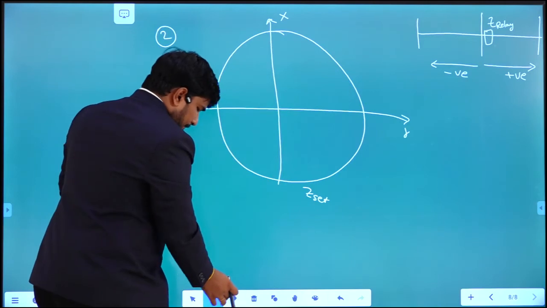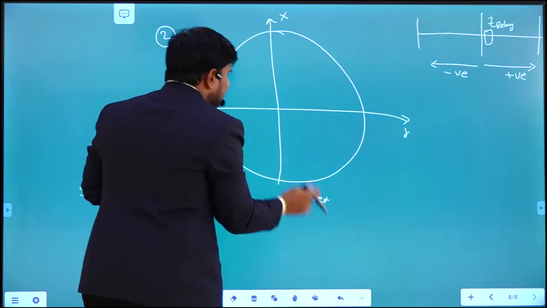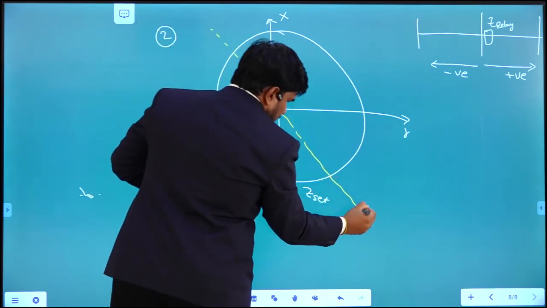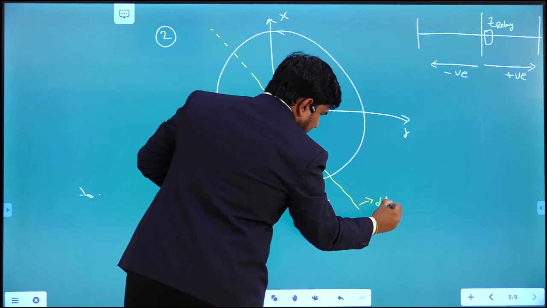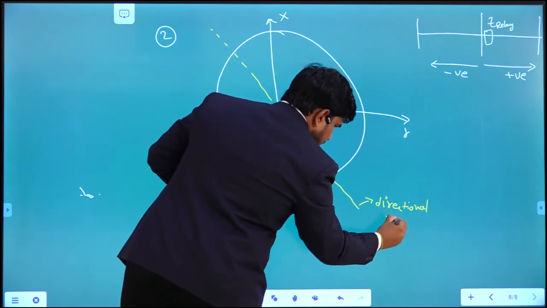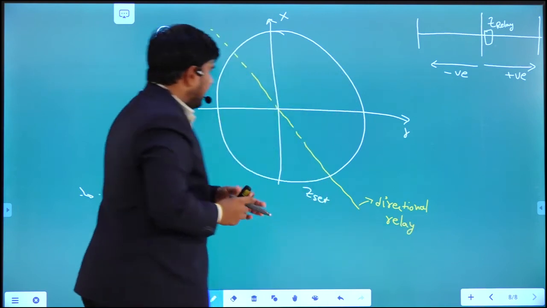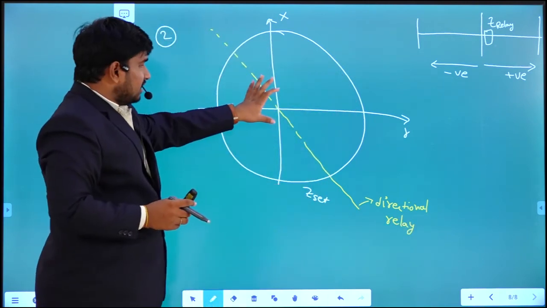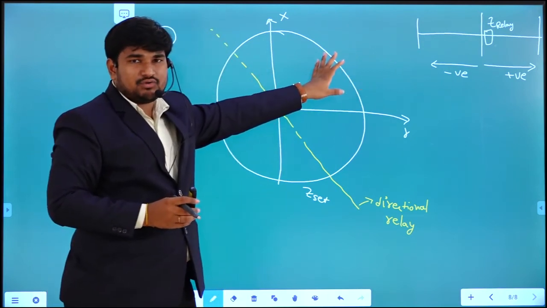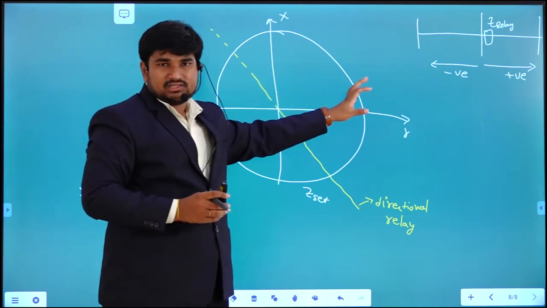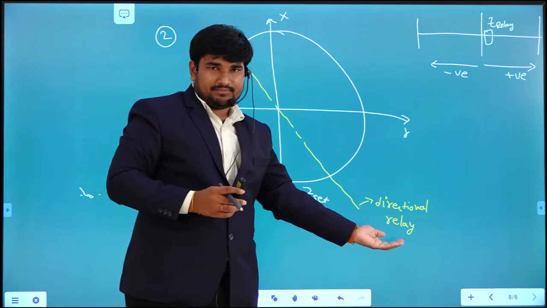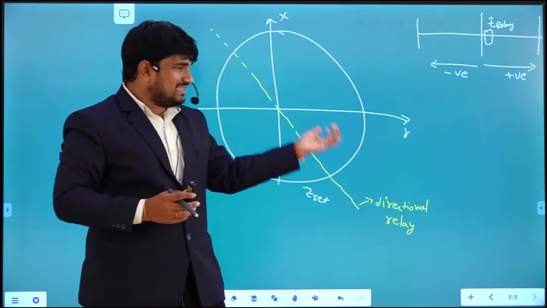So by adding this directionality feature, it will only produce a trip signal for positive values of R and X. So such that we need to select the directional relay. So this is the second limitation.